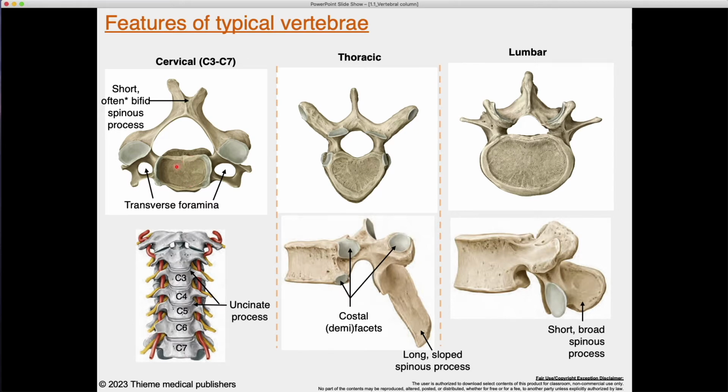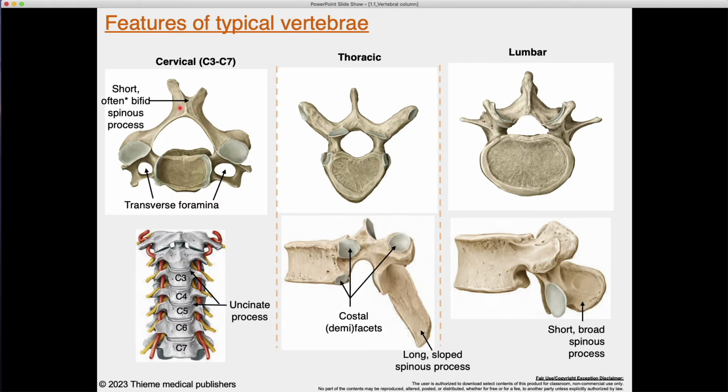We also have these superiorly elevated processes on the body of cervical vertebrae known as uncinate processes. And those uncinate processes prevent lateral translation of cervical vertebrae on top of each other. Another important feature of cervical vertebrae is the fact that spinous processes are often bifid.